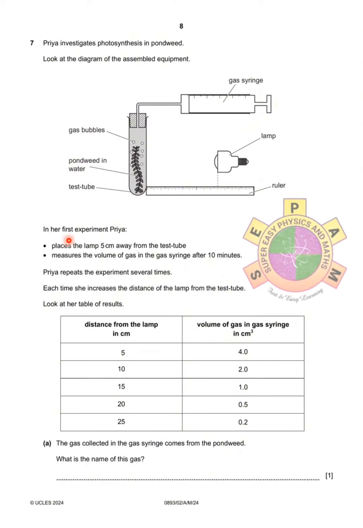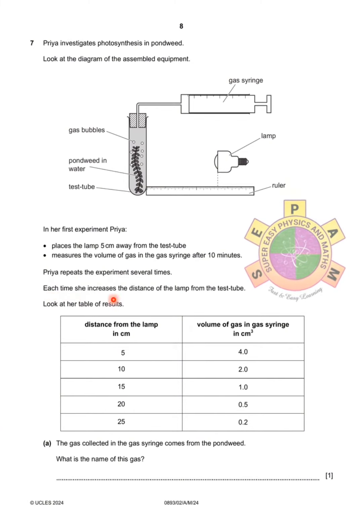In her first experiment, she placed the lamp 5 cm from the test tube and measured the volume of gas, the bubble of gas, in the syringe. Now Priya repeats the experiment.